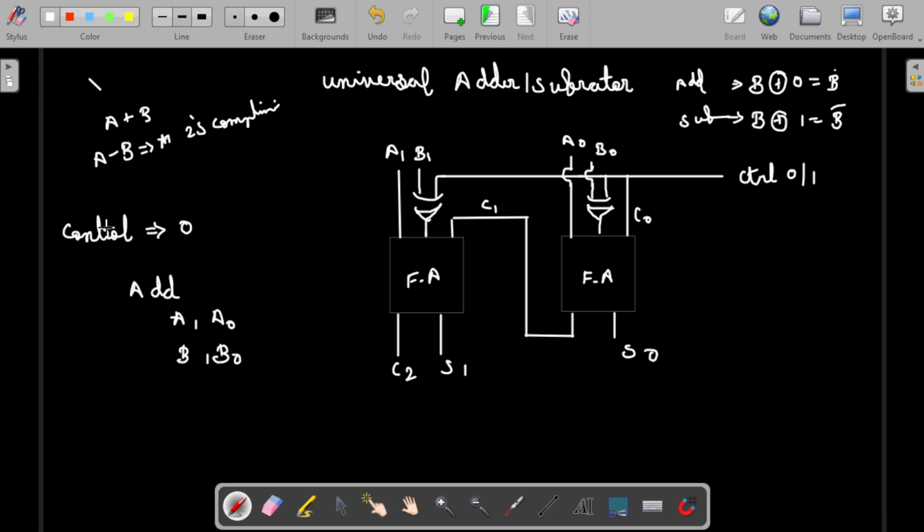When the control input is equal to 1, this is subtraction. So we will be doing A1, A0 with the reversed B1 bar and B0 bar. This bar is considered as 2's complement, because it is a complement of binary, right? So this is considered as 2's complement of B.